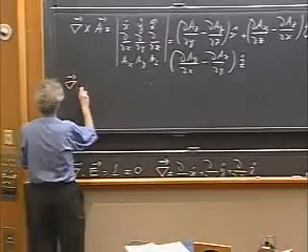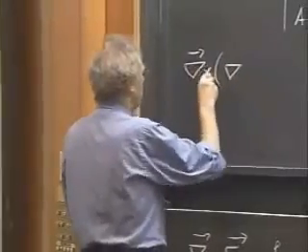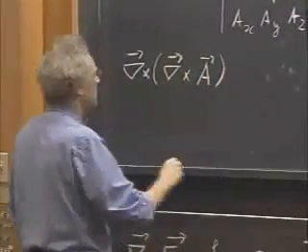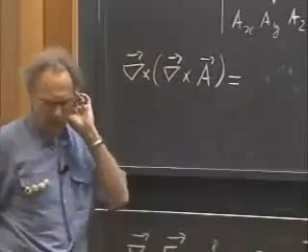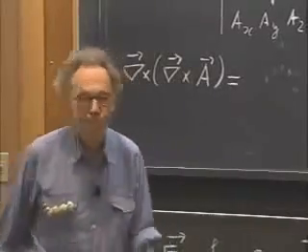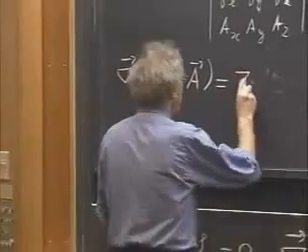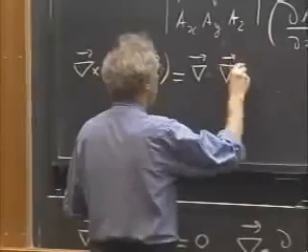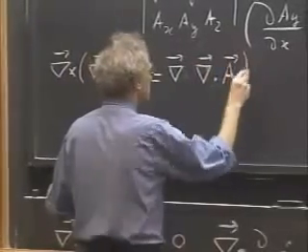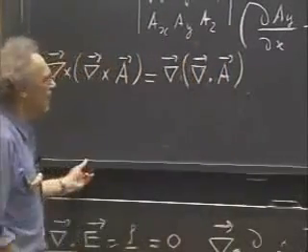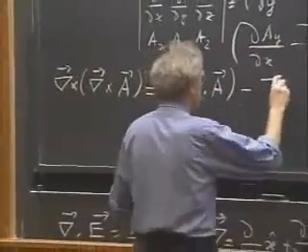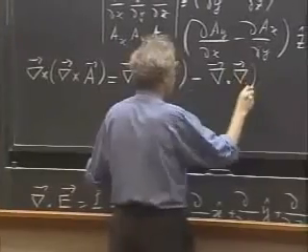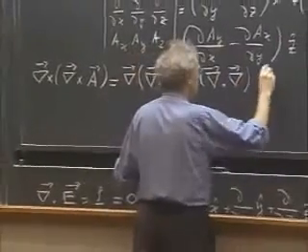The curl of the curl of A, and I will show you the result without proof, is the gradient of the divergence of A minus del dot del of vector A.